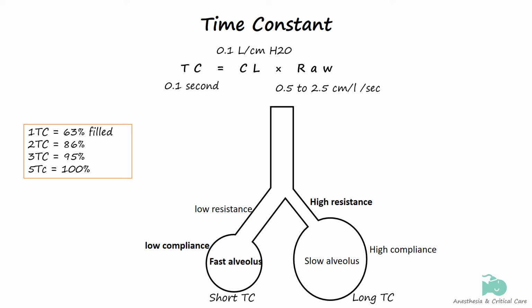Then, when the inspiratory flow stops, the lung units with longer time constants, usually described as slow alveoli, will continue to fill with borrowed gas which redistributes from faster alveoli. The two time constants, inspiratory and expiratory time constant, help decide the inspiratory and the expiratory time on the ventilator.